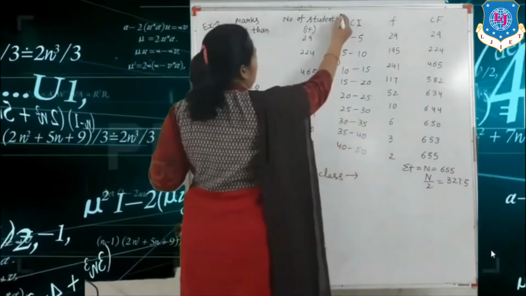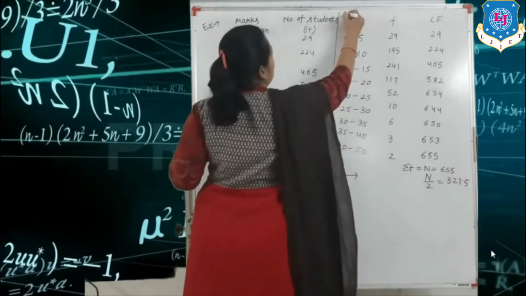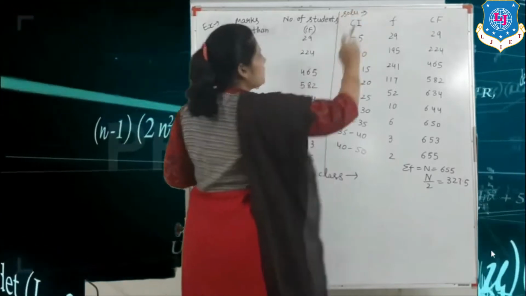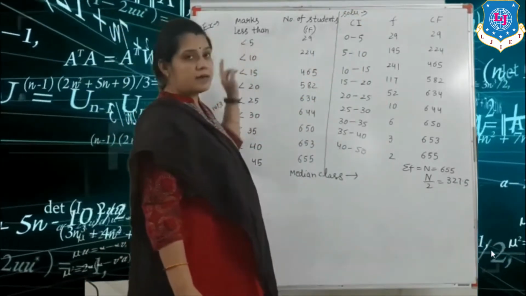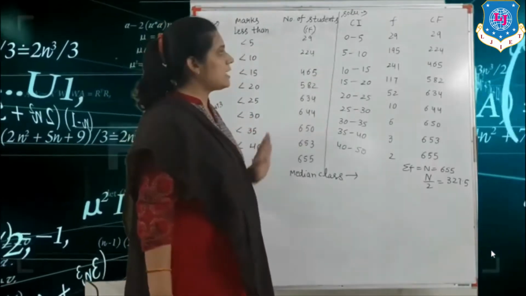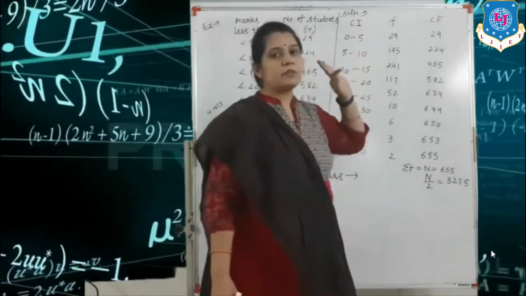This is the solution of this question. Okay, so first we map the class interval according to our marks. After that, we map the column of F.